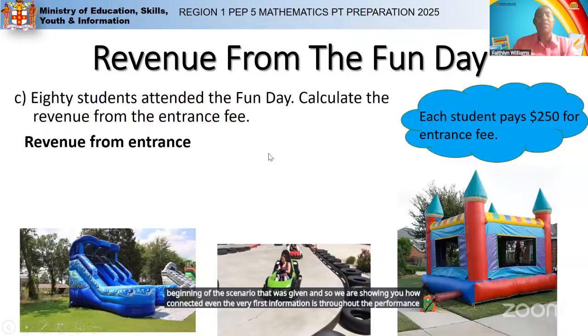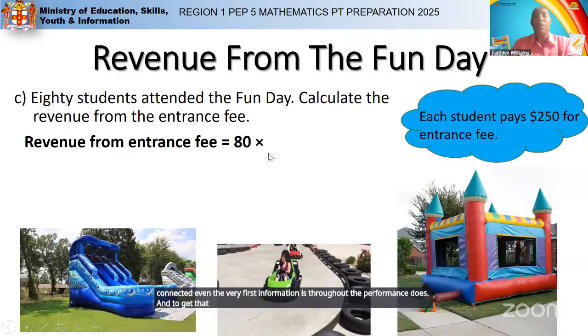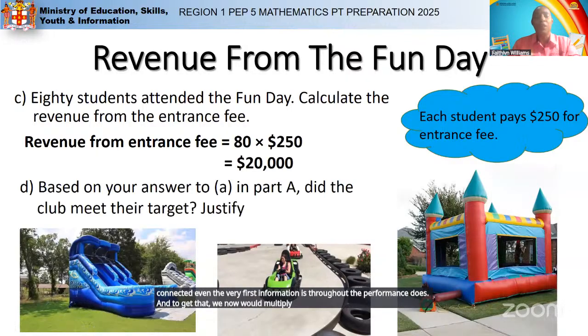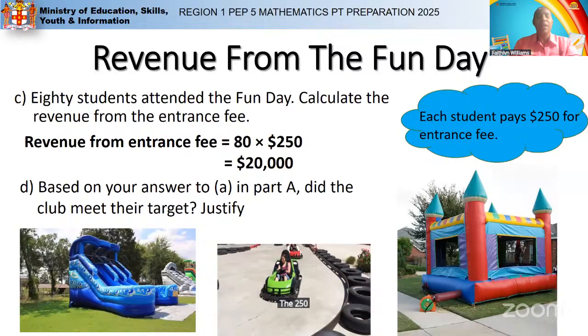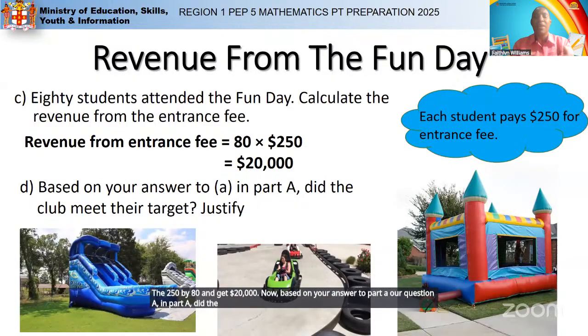To get that, we now would multiply the 250 by 80 and get $20,000. Now, based on your answer to question A, in part A, did the club meet their target? And you are to justify.